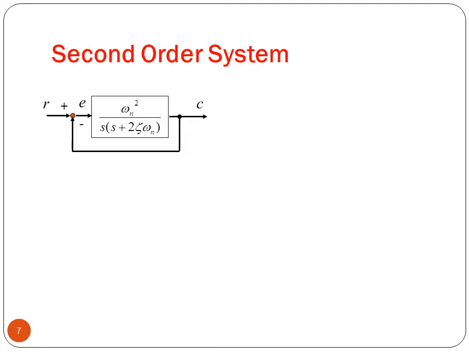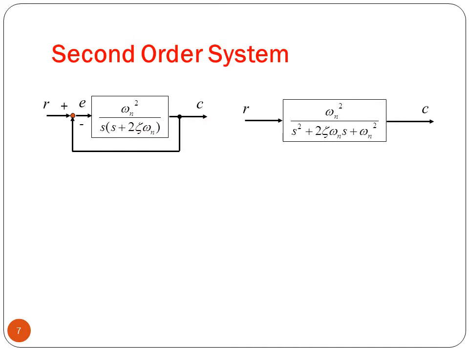As for the second order systems, the system in an open loop and in the closed loop looks like that. The closed loop transfer function is always of the form omega n squared over s squared plus 2 zeta omega n s plus omega n squared, where omega n is the natural frequency and zeta is the damping ratio.